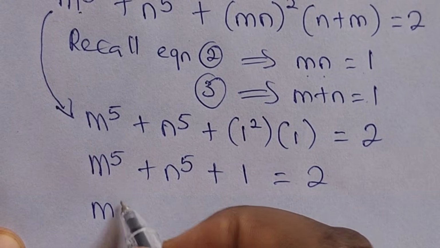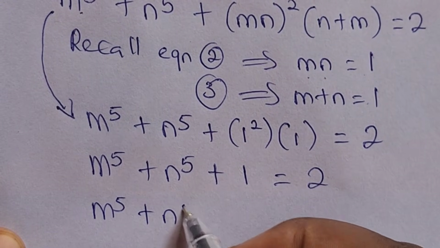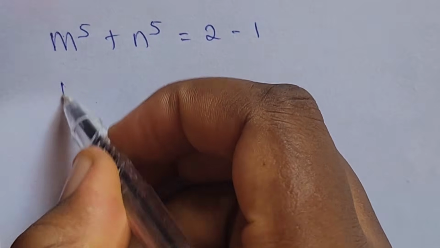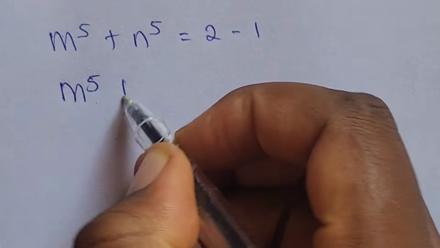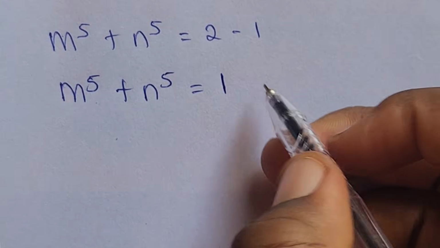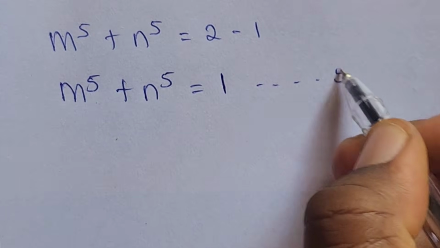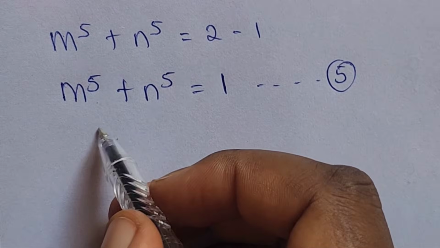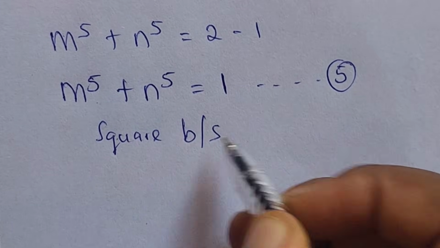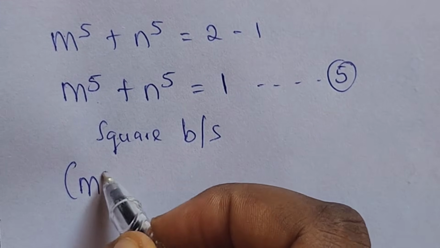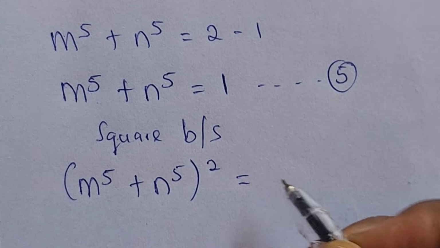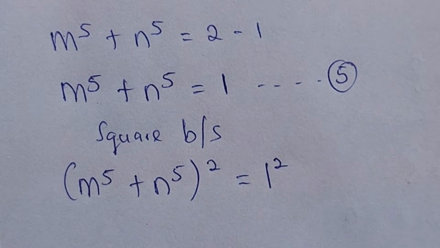So our m to the power of 5 plus n to the power of 5 is equal to 2 minus 1. So we have m to the power of 5 plus n to the power of 5 to be equal to 1. So let's name this equation 5. Let's square both sides to have m to the power of 5 plus n to the power of 5 all squared is equal to 1 to the power of 2.